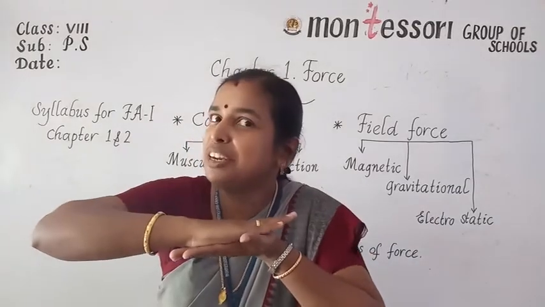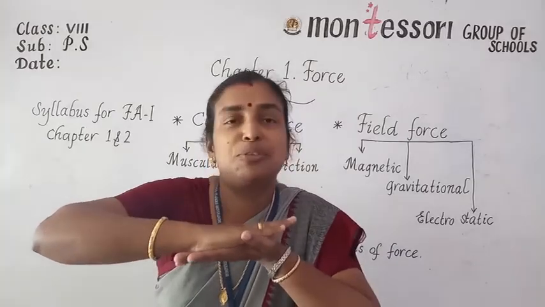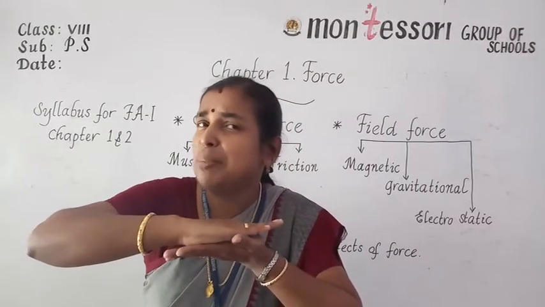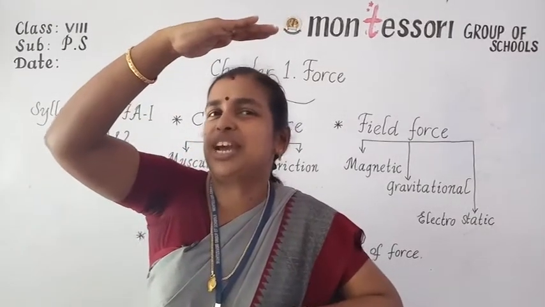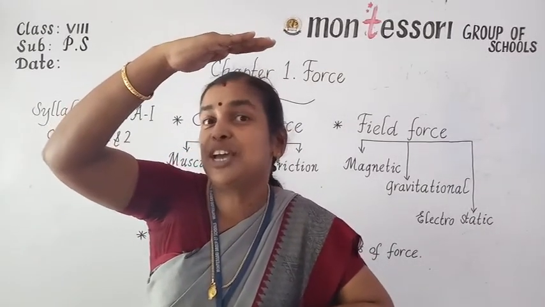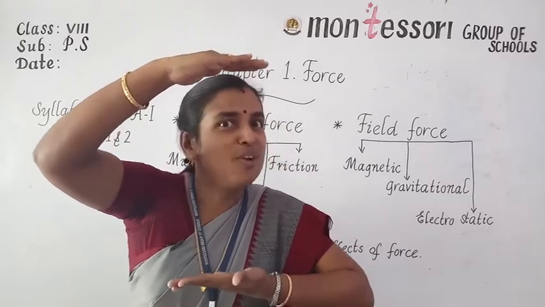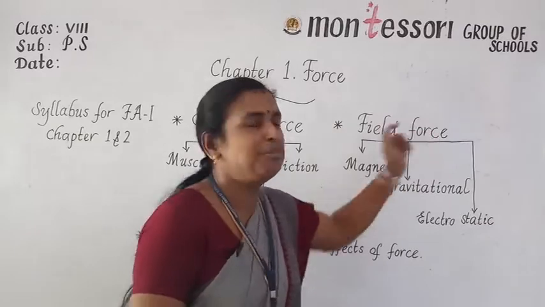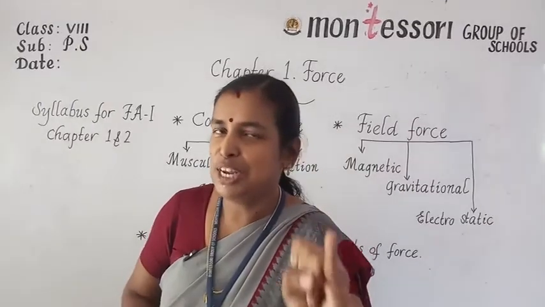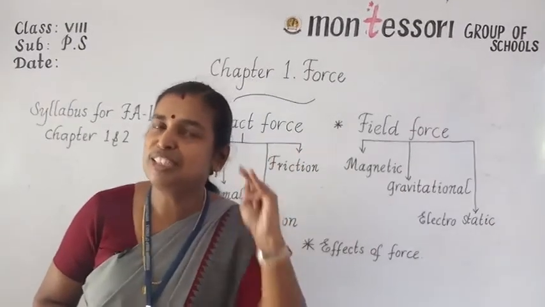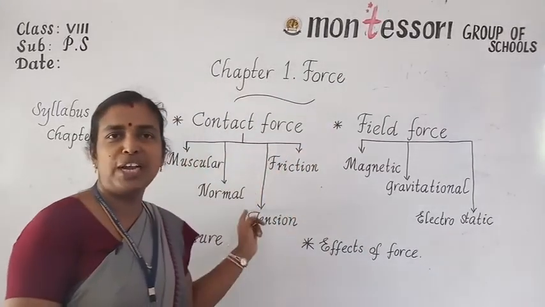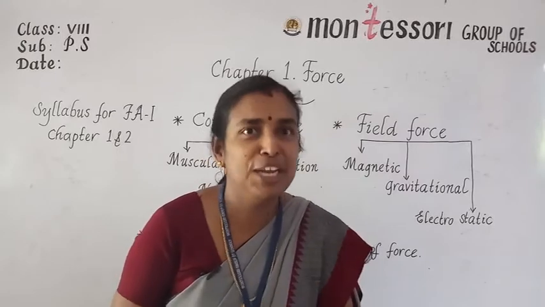When force is applied without any physical contact, that force is known as field force, force at a distance, or non-contact force. So we have two types of force, one is contact force, the other one is field force.